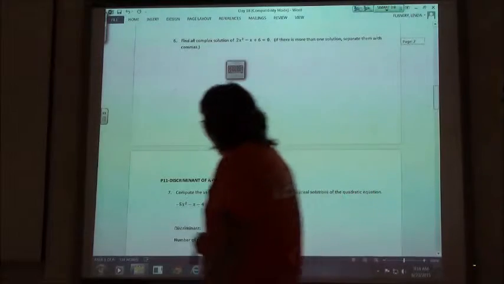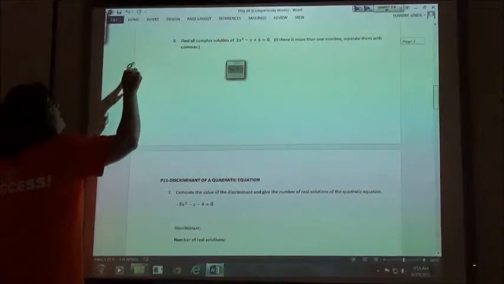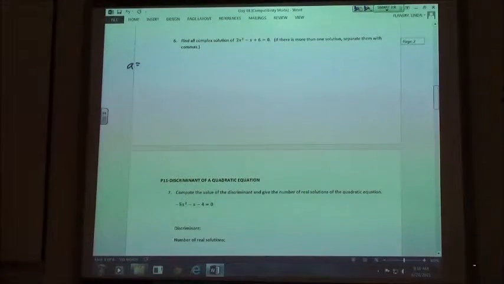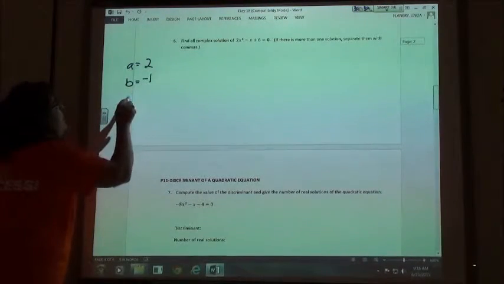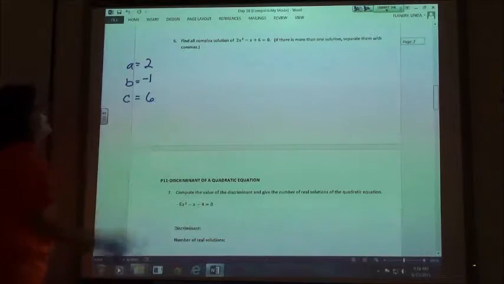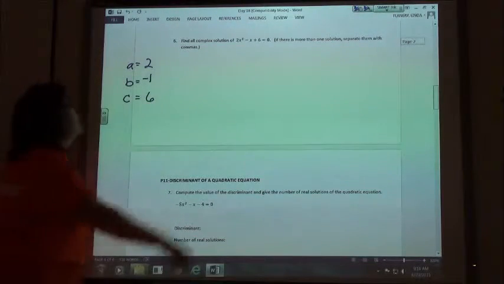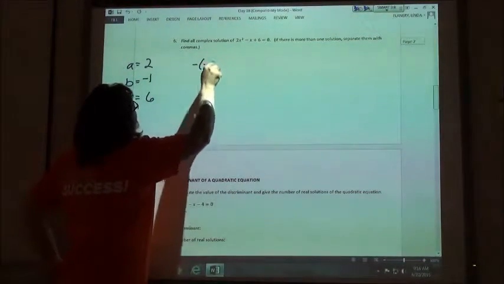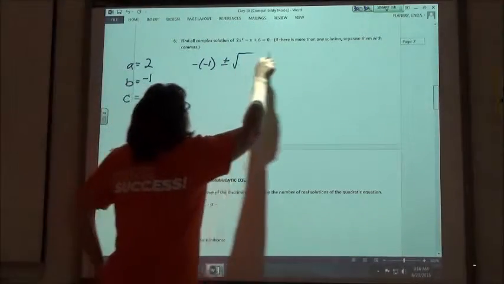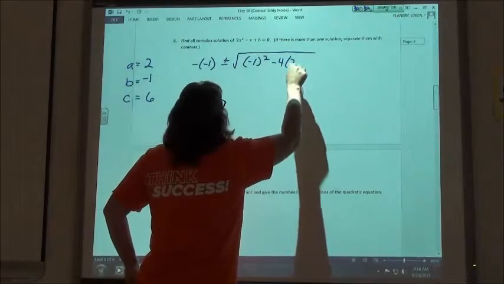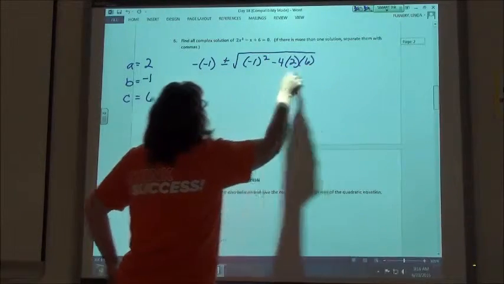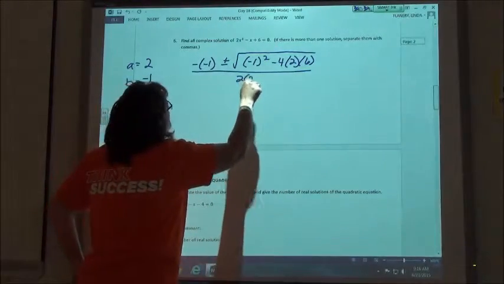Number 6 then. Our A is going to be equal to 2, B is -1, and C is 6. So substituting that in, we're going to have minus our -1 plus or minus the square root of -1 squared minus 4 times 2 times 6 all over 2 times 2.